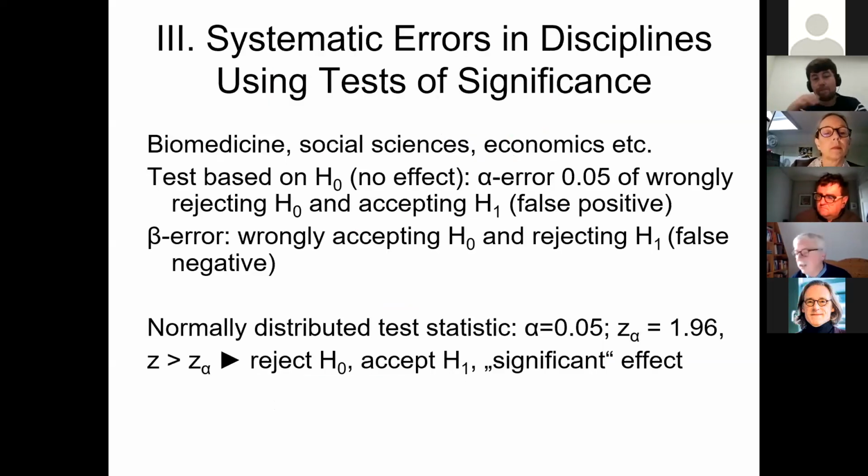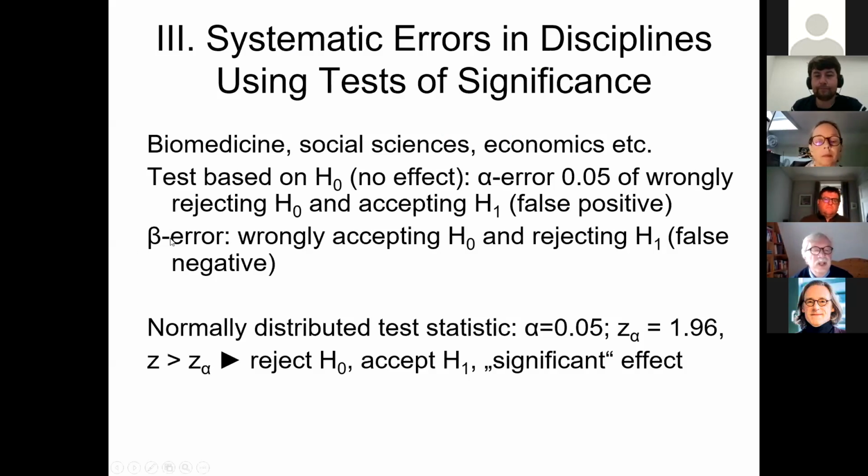Okay, let's go to systematic errors with significance testing. Most empirical disciplines use it: biomedicine, the natural sciences and social sciences. We know the test strategy. We test a null hypothesis, and we have a predetermined type 1 error, maybe 5%.